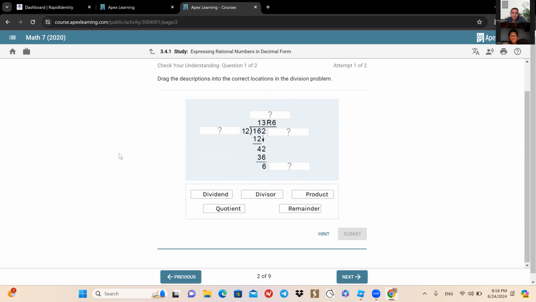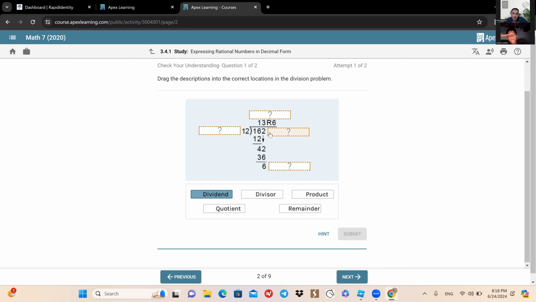Drag the descriptions into the correct locations of the division problem. Before doing this, don't do that. Sorry, that's the wrong one. It's okay, you have already done the first one. Wrong one. Tell me, look at these numbers at the top. What is 162? That's the dividend, right?